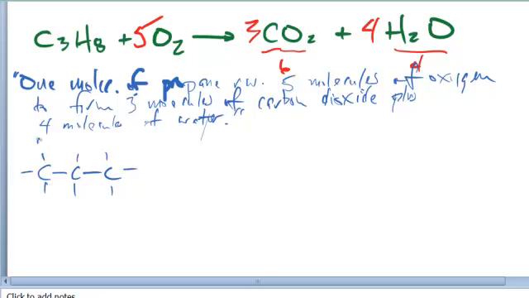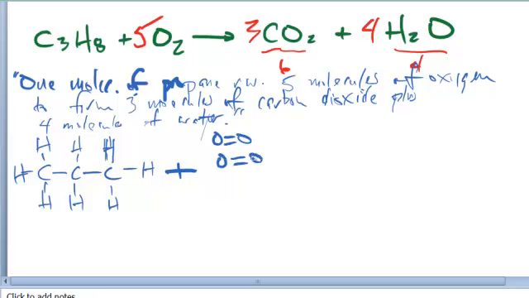It's a 3-carbon chain connected by single bonds, and then the other valence positions are occupied by hydrogen atoms. That is a propane molecule depicted in structural formula form, and it's reacting with 5 molecules of oxygen.